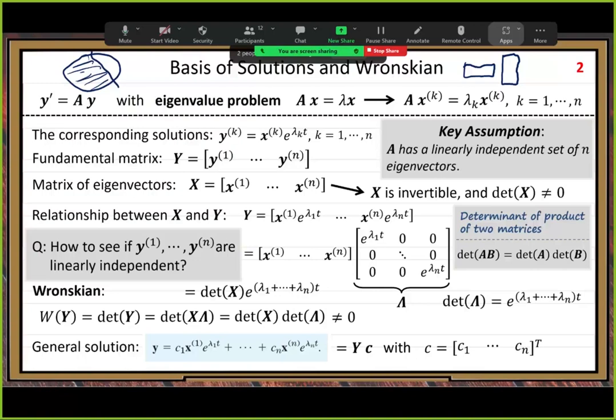Transpose, row column switch. For every matrix, we can do matrix transpose. This matrix, X matrix, we can do matrix transpose. So get used to the matrix transpose.